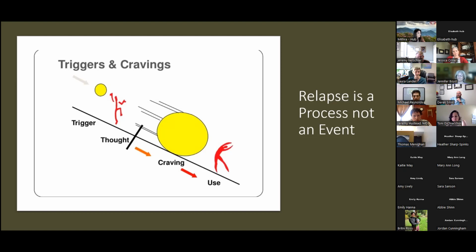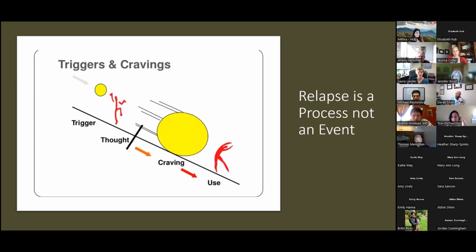Well, it just means that we didn't do a very good job digging into the early warning signs, because there is usually a trigger, often thoughts and behaviors and mood changes, and then a craving before the actual use. Now, people's awareness of this process varies.